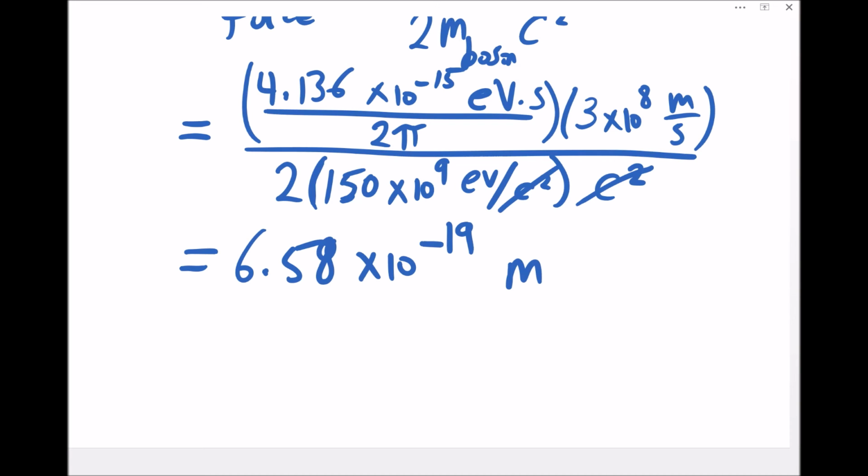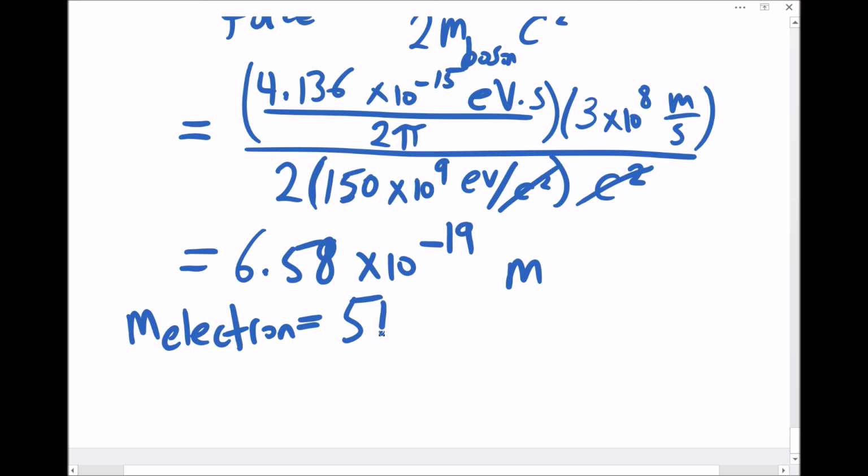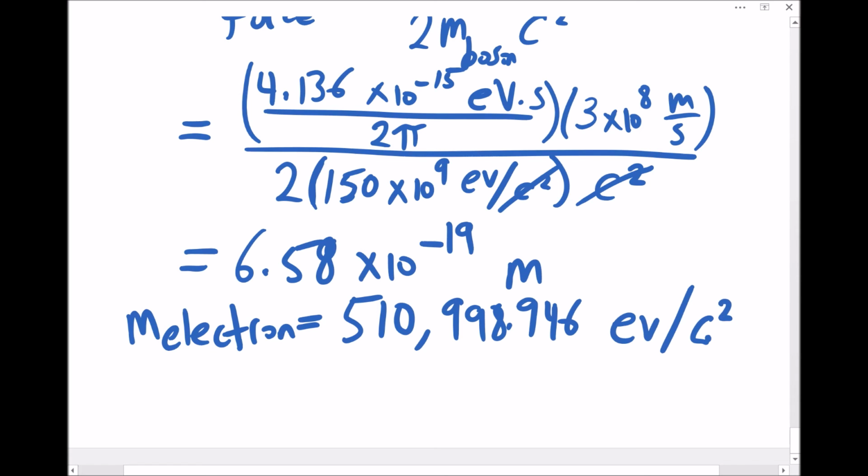So the mass of an electron is 510,998.946 electron volts per speed of light squared.